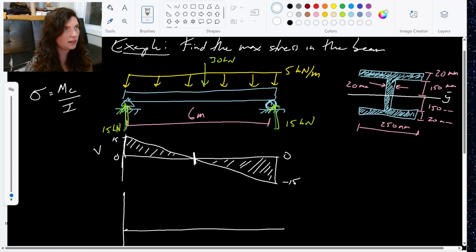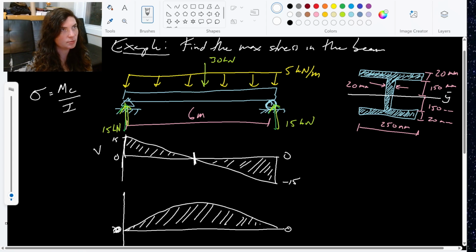Right, so I can go ahead and draw in this moment diagram, right? I know what it looks like. It's going to be a parabola, kind of a crummy parabola. Let's try again. All right, that's a little bit better. It starts at 0 and ends at 0. And really, I just need to find that maximum.